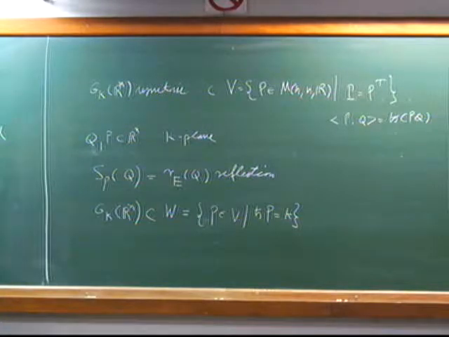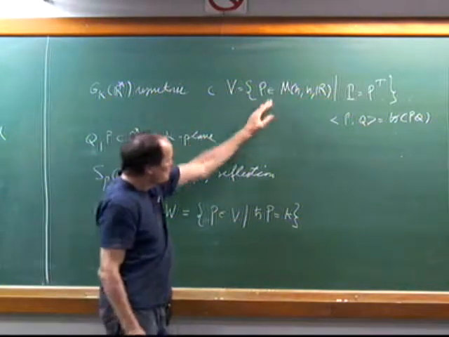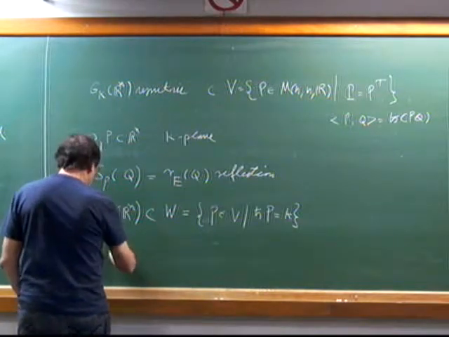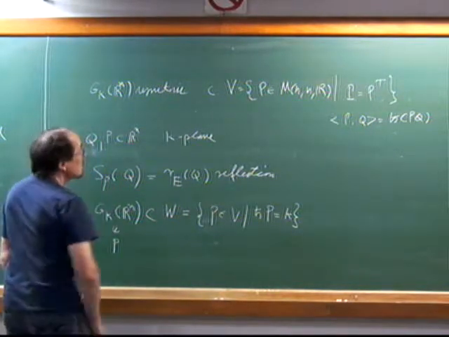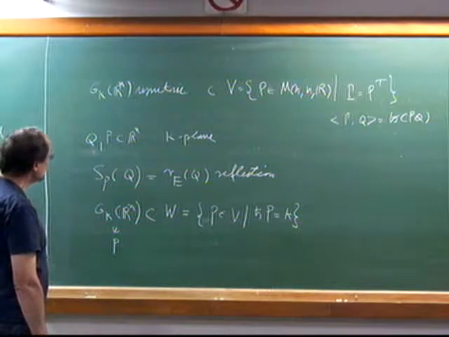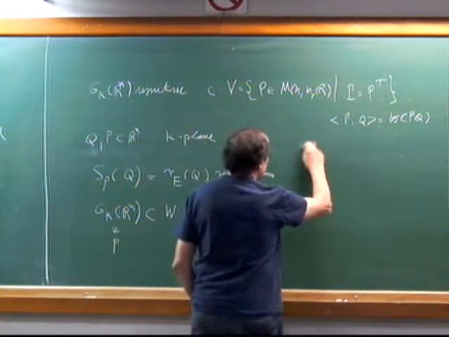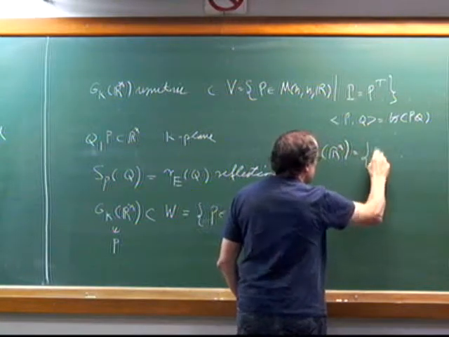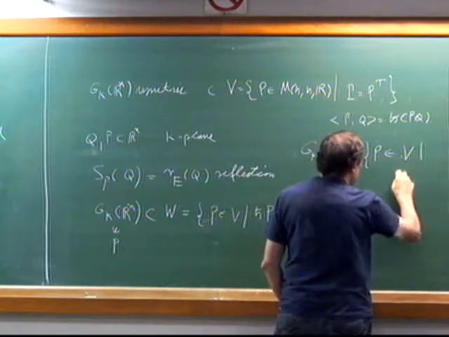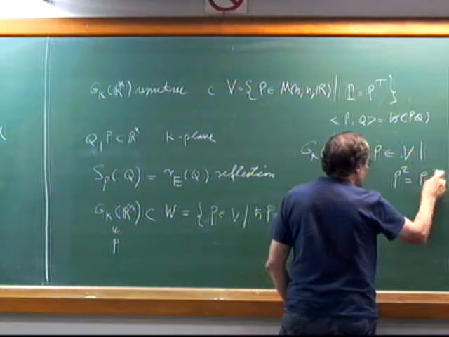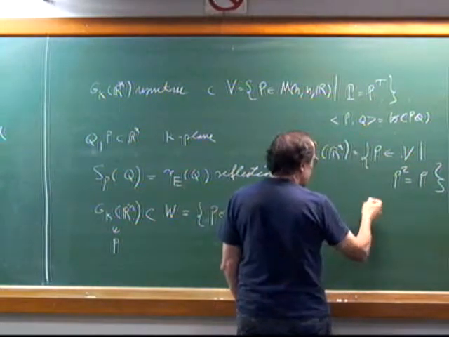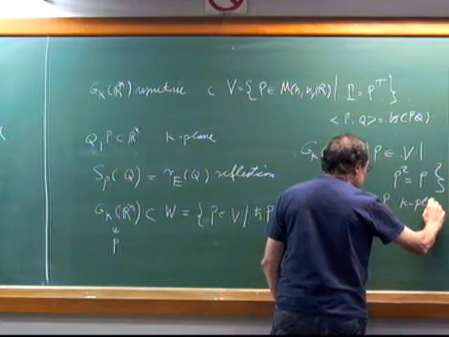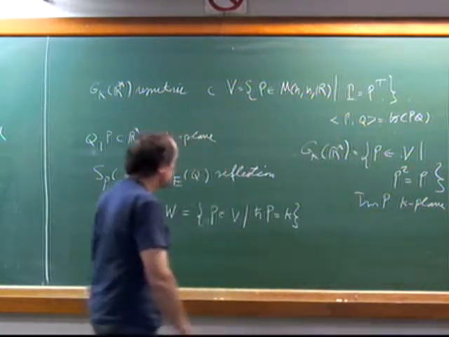And if I look at the inner product, if P lies in here, how would you define the Grassmannian? The Grassmannian was defined as projections, all P in V such that P squared is equal to P, and the image of P is a K-plane. So that was our definition.